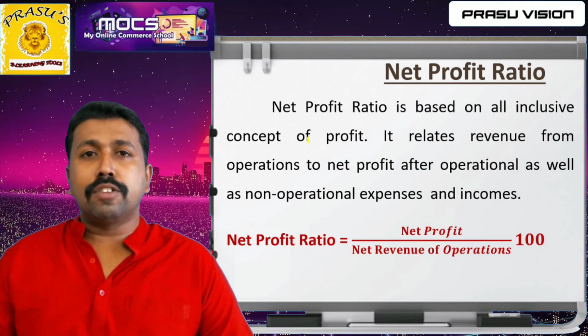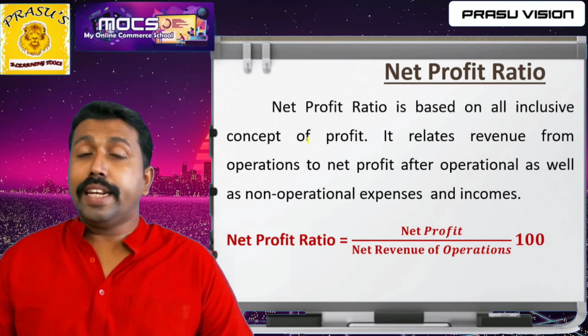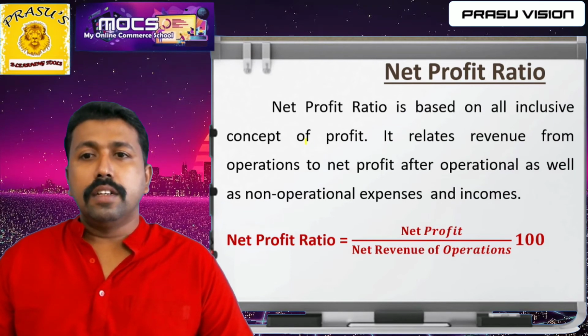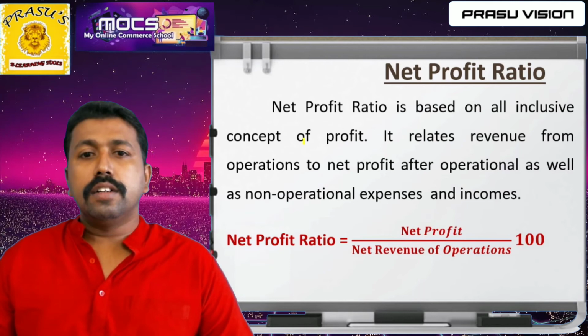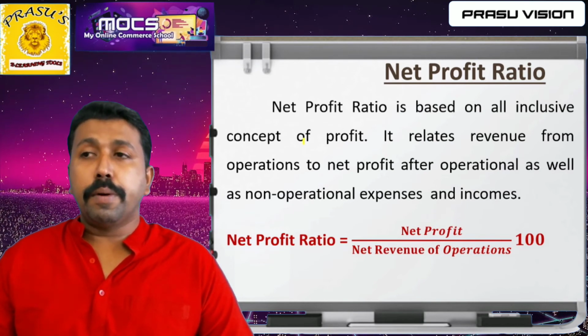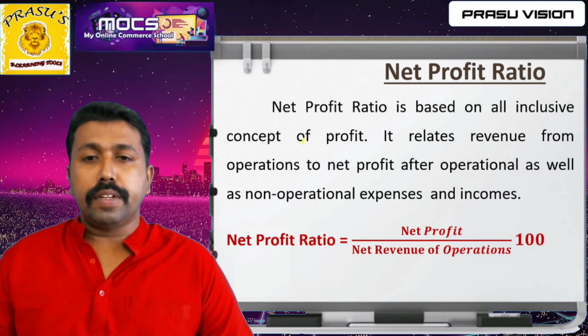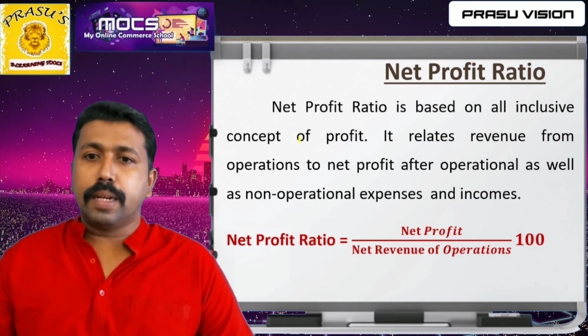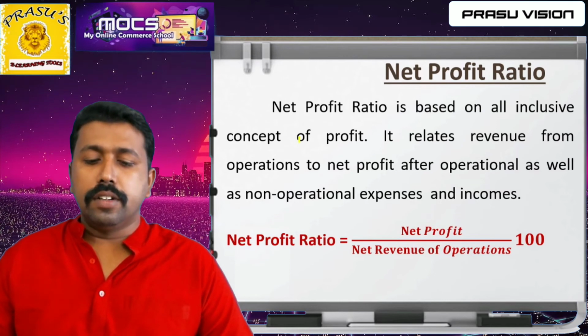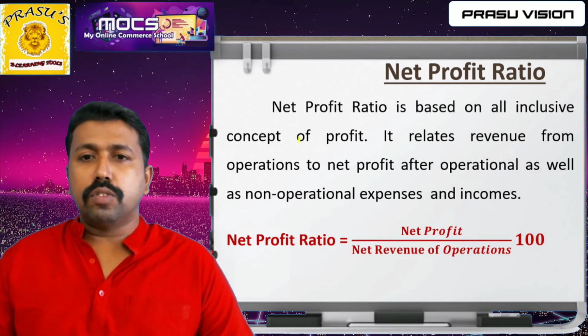And it relates revenue from operation to the net profit. That means net profit ratio shows the relationship between net revenue from operation and the net profit amount. So the equation is framed here: net profit divided by net revenue from operation into 100. So keep in mind all these things, very important.